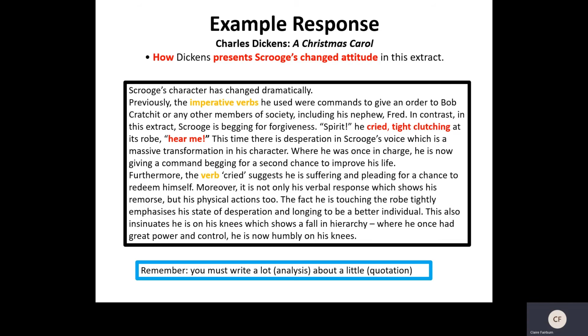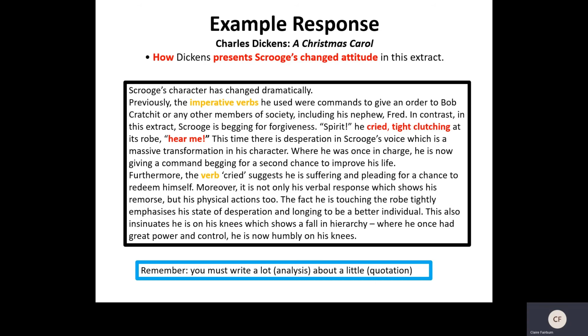In contrast, in this extract, Scrooge is begging for forgiveness. "Spirit," he cried, tight clutching at its robes, "hear me." This time, there is desperation in Scrooge's voice, which is a massive transformation in his character. Where he was once in charge, he is now giving a command, begging for a second chance to improve his life. Furthermore, the verb cried suggests he is suffering and pleading for a chance to redeem himself.